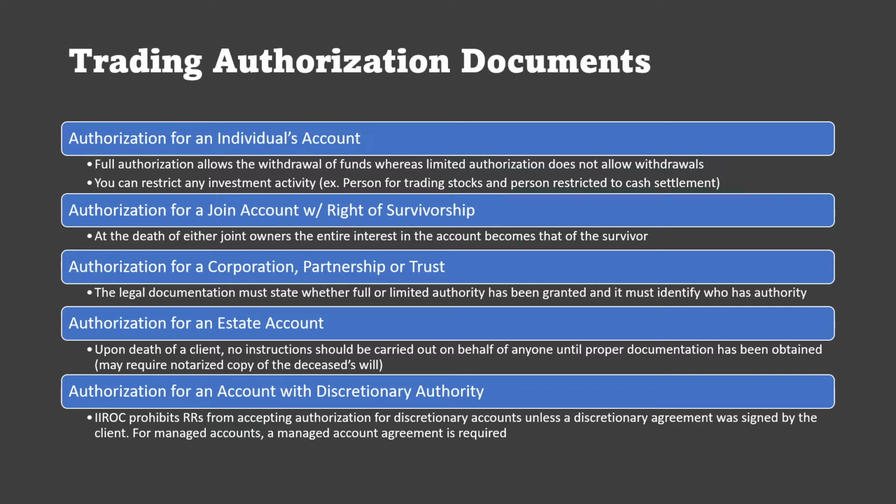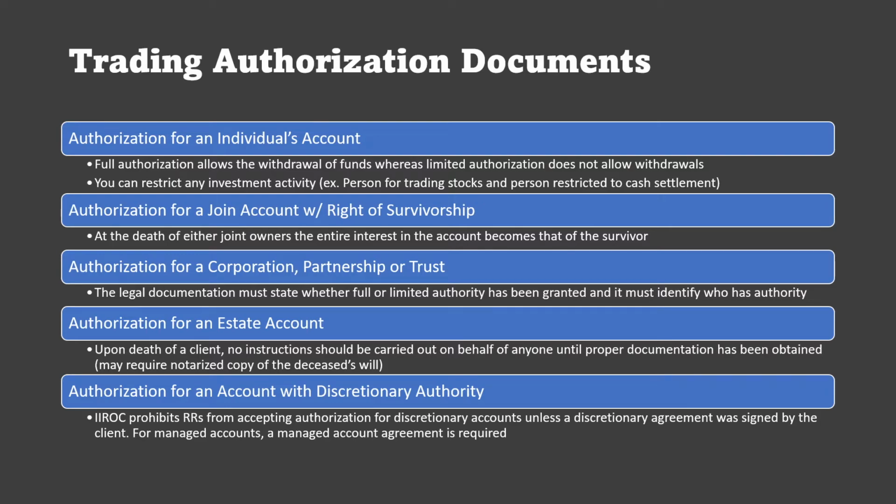So you do have different levels, you could say. So again, the full authorization allows the withdrawal of funds, whereas limited does not allow withdrawals, but you can switch around the investments and whatnot. And you can restrict any investment activity. Example for a person trading stocks and a person restricted to cash settlement.